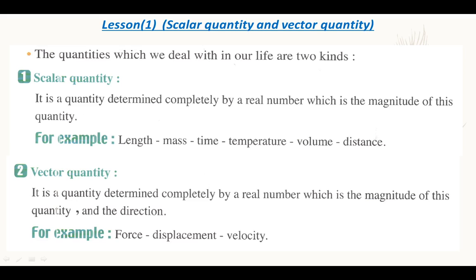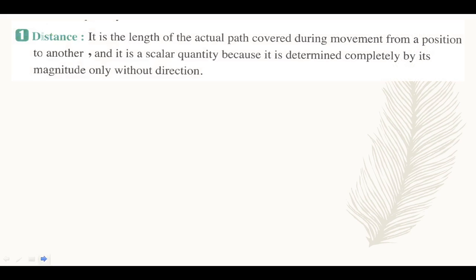Now we are going to study the difference between distance and displacement. First, the distance. It is the length of the actual path covered during movement from one position to another.